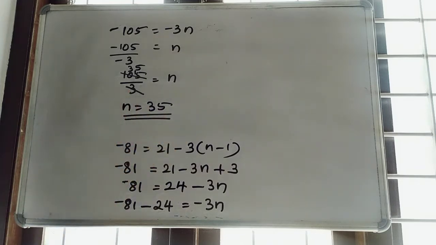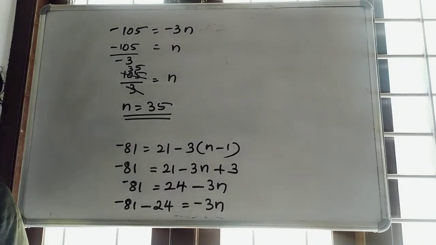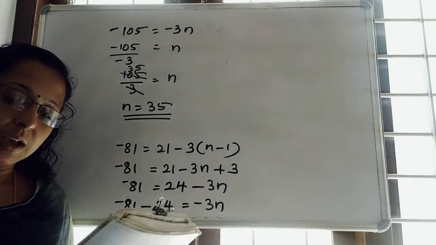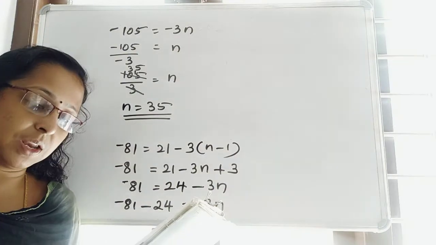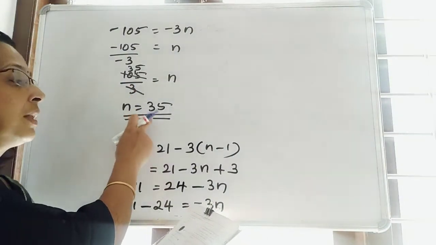So the 35th term will be negative 81. Which term of the series 21, 18, 15, etc. is negative 81? That means we got n as 35.